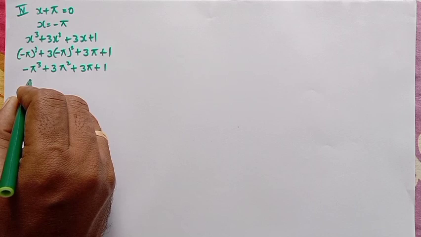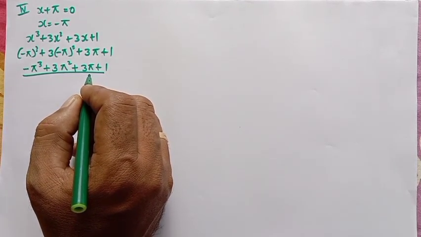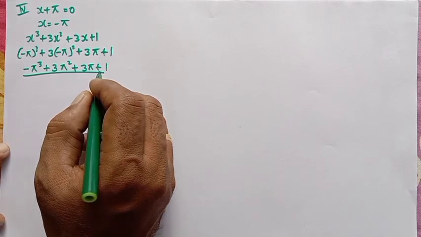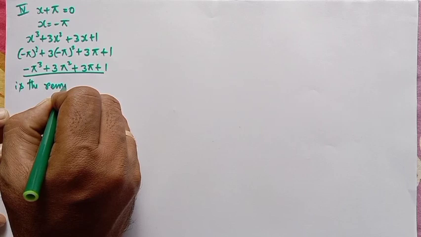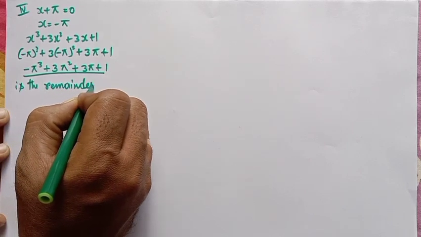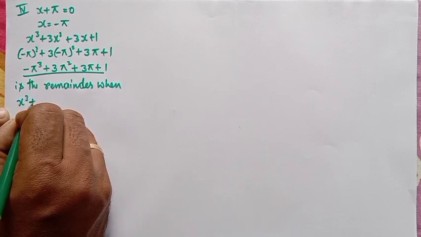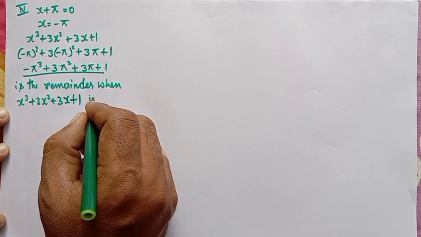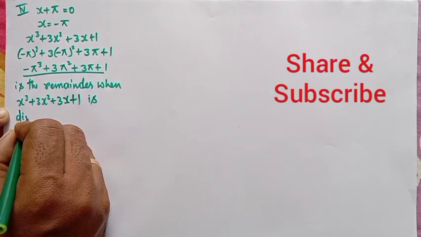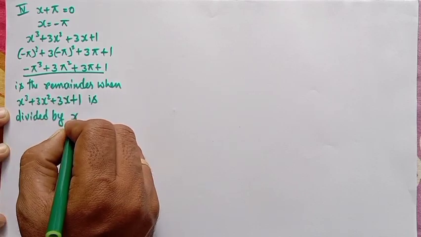So this is the value that we get. That is the remainder when x cube plus 3x square plus 3x plus 1 is divided by x plus pi.